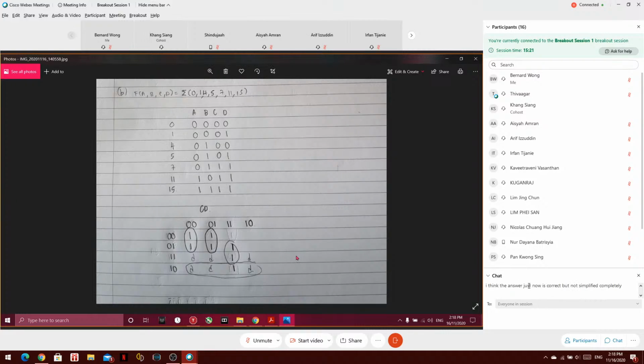Simplify means that you need to have the most simplified form, so that wouldn't be the answer for your simplified Boolean expression for that F.